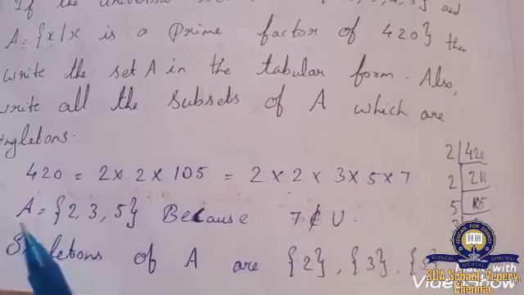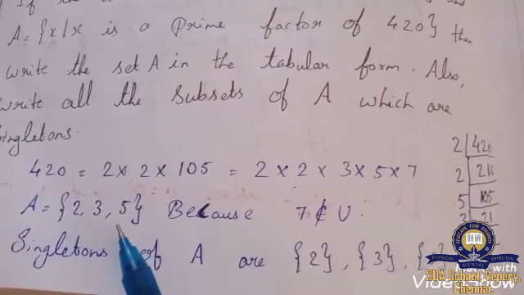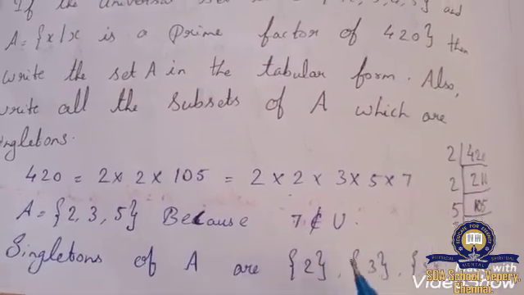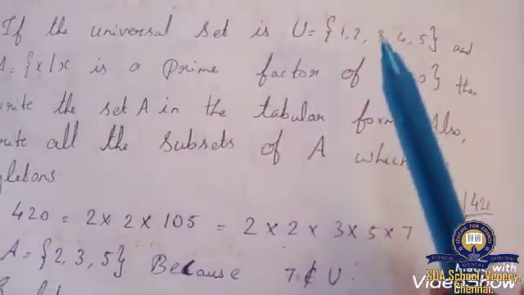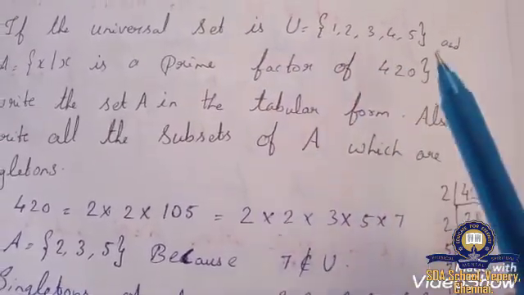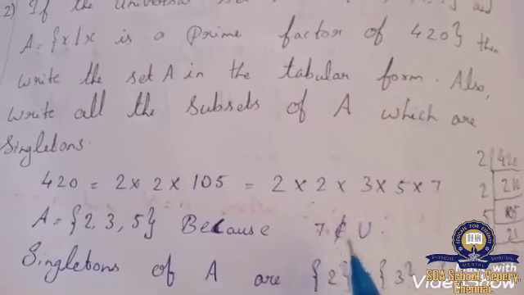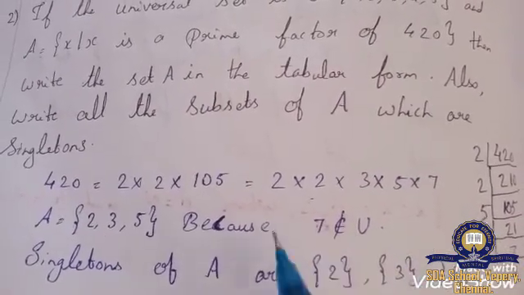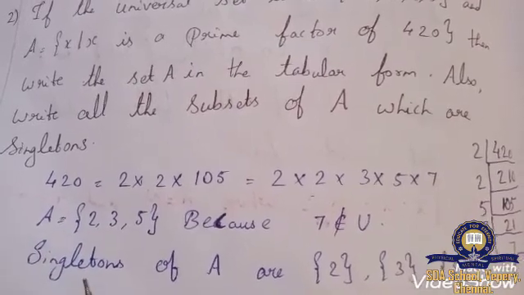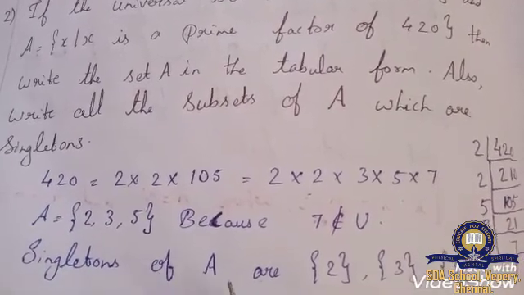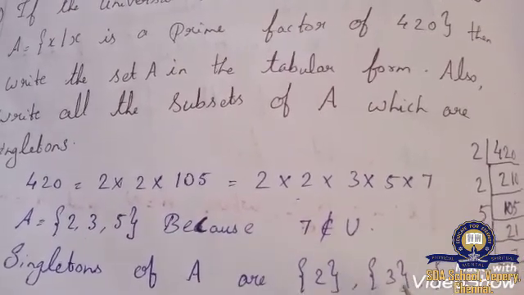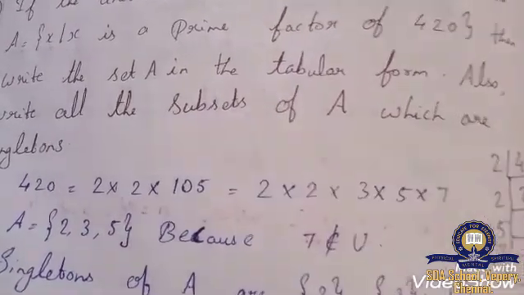Therefore A is equal to {2, 3, 5}, because 7 does not belong to U, since the universal set has 1, 2, 3, 4, 5. So we can't include it in A. So the singletons of A are {2}, {3} and {5}.